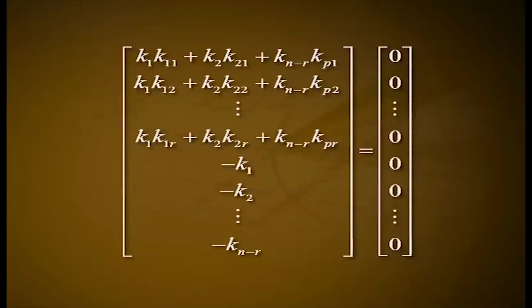Then using 10 we have matrix k1 k11 plus k2 k21 plus kn minus r kp1, k1 k12 plus k2 k22 plus kn minus r kp2, etc., k1 k1r plus k2 k2r plus kn minus r kpr, minus k1, minus k2, etc., minus kn minus r is equal to column matrix 0, 0, etc., 0.